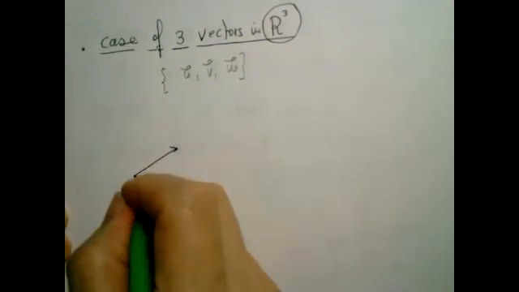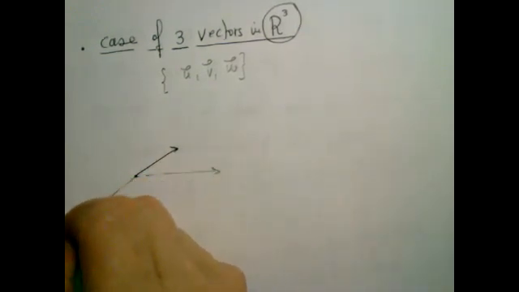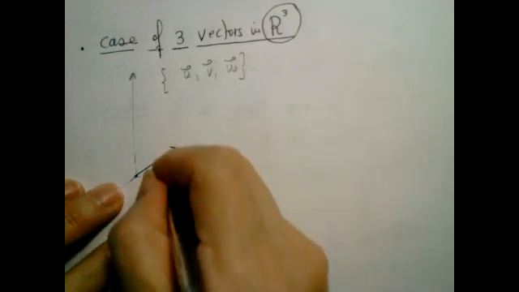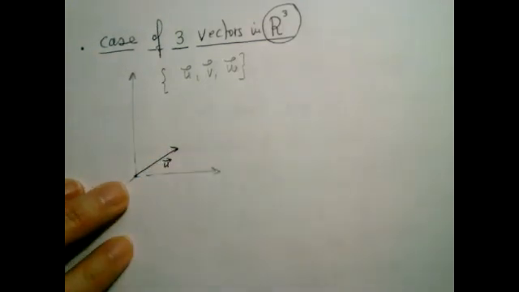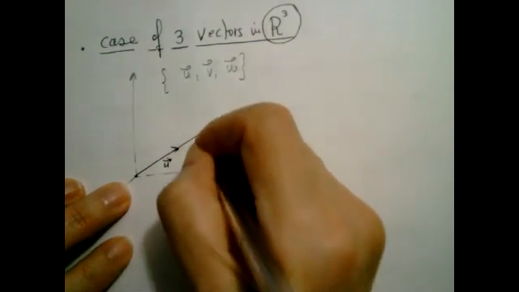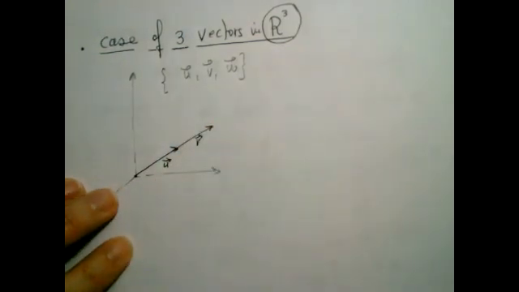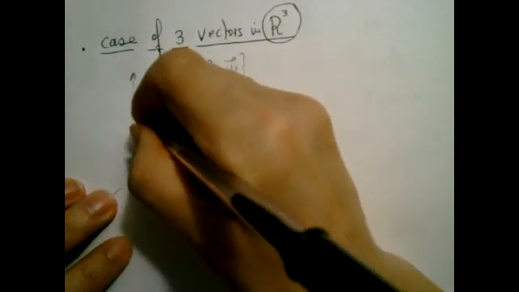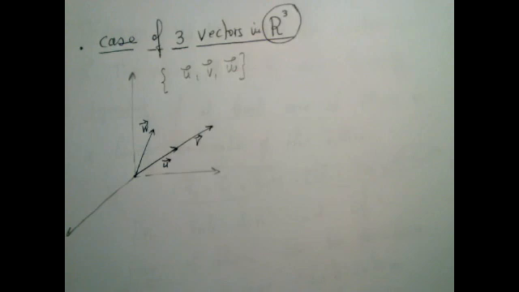In the background here, this is X1, X2, and X3, because I am in R3. Suppose this is my vector U, and this is my V. So I'm taking a scenario. And this is my W. Those are my vectors.